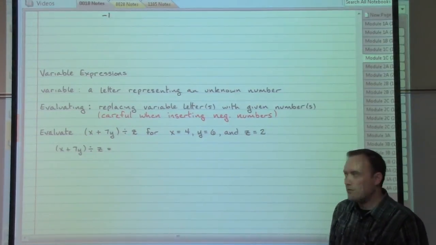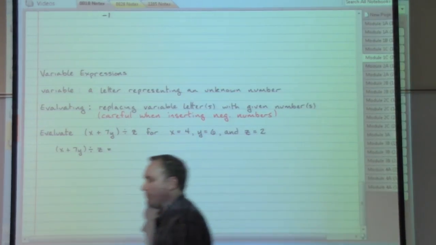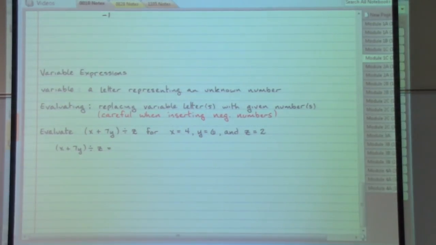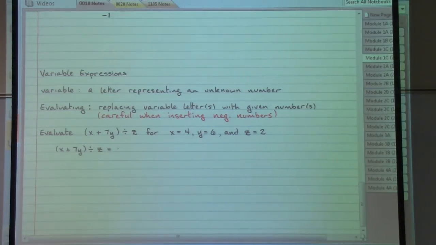Make sure that you're careful when you insert your negative numbers. And in fact, if you can use any sort of highlighters, colored pencils, or colored pens, that can help you make sure that you're keeping track of things. So in this particular expression, what we want to do is make sure that we replace the correct letters with their correct numbers.